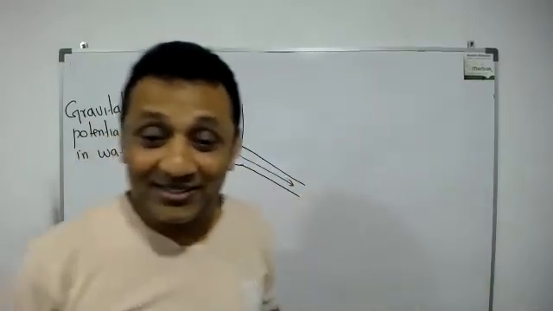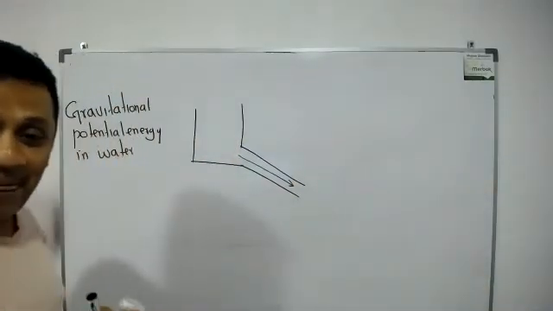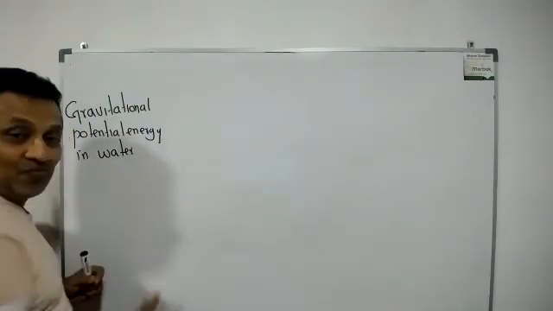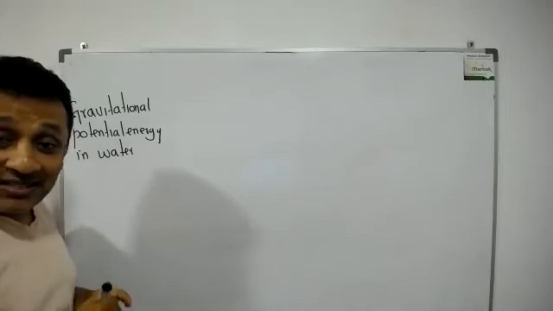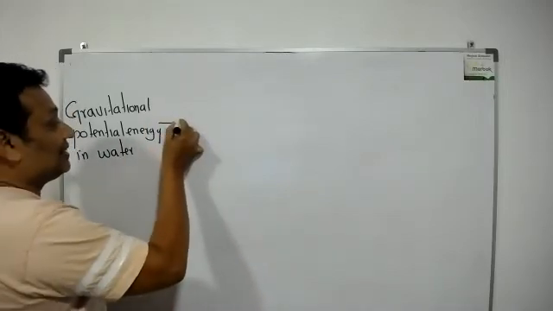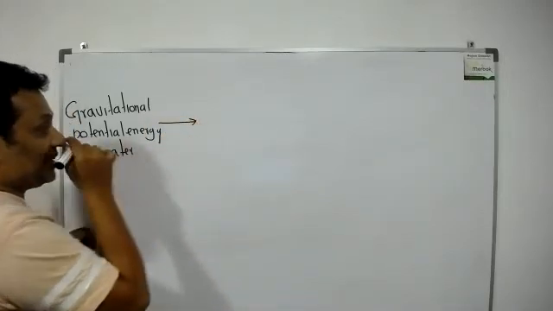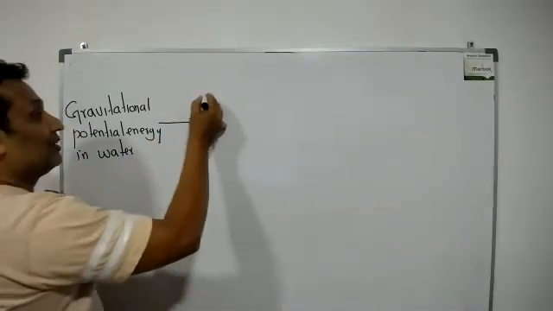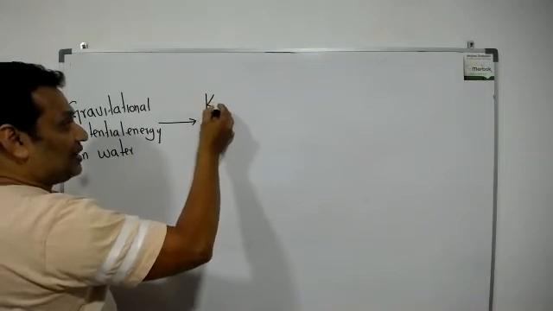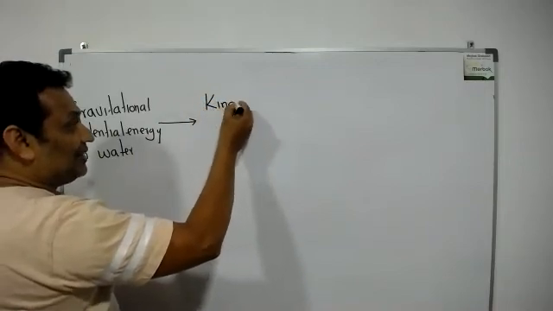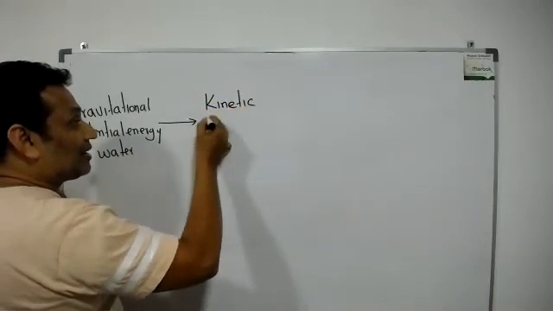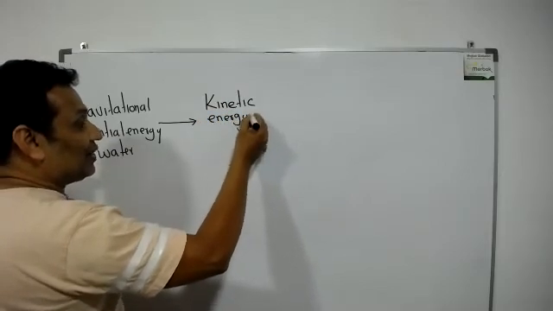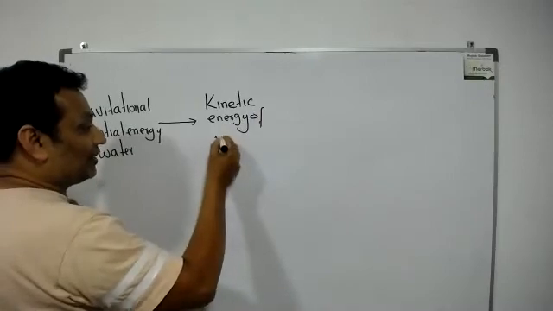What kind of energy is that? It is kinetic energy. So, my children, here we say there is an energy transformation. Gravitational potential energy turns to kinetic energy of water.